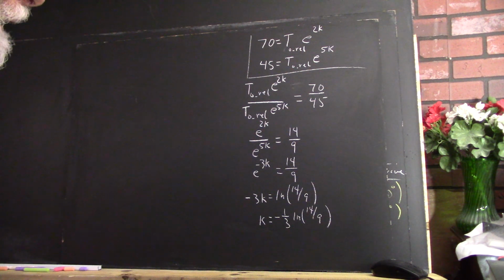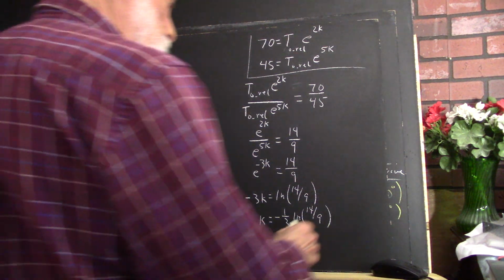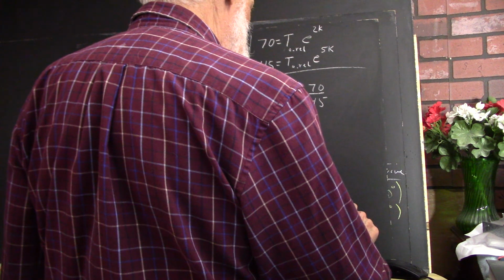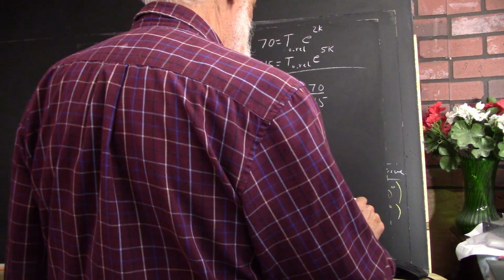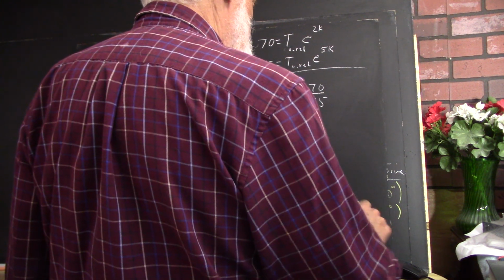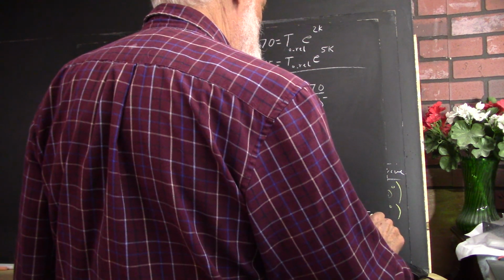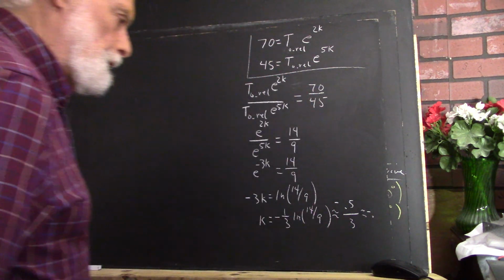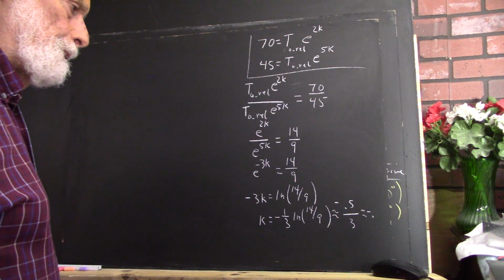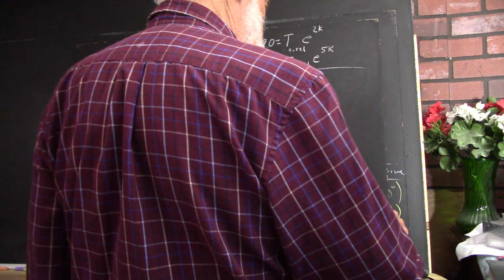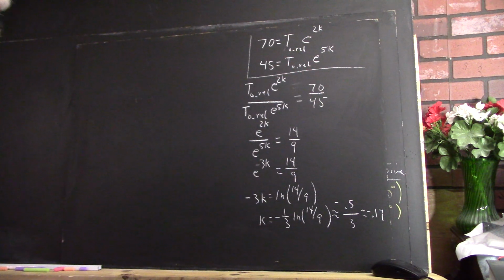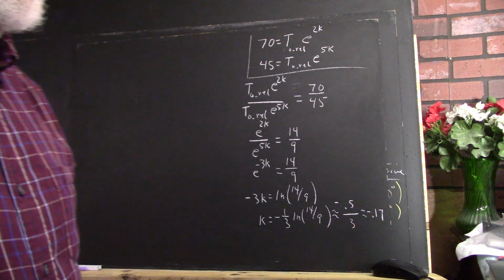Okay, well, the square root of e is about, okay, I'm going to guess negative 0.17 when we get done with the arithmetic.